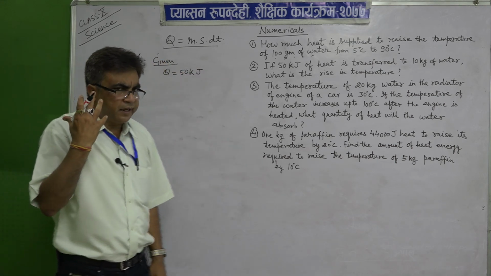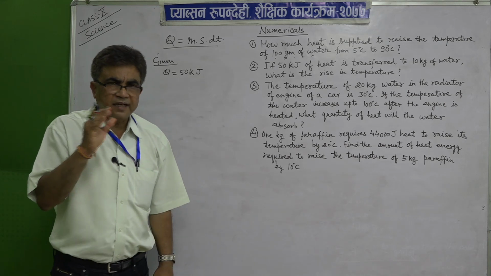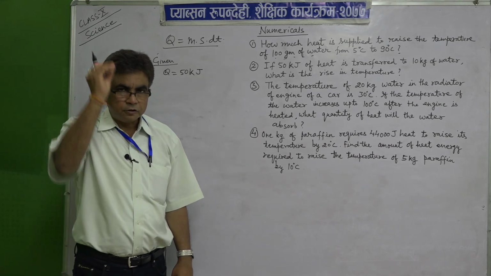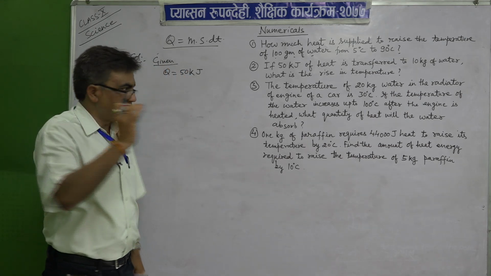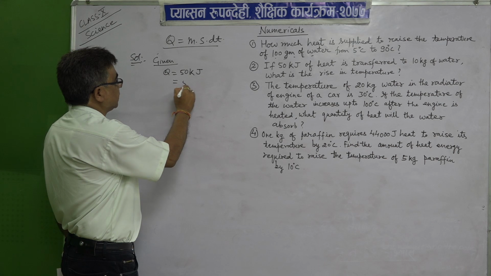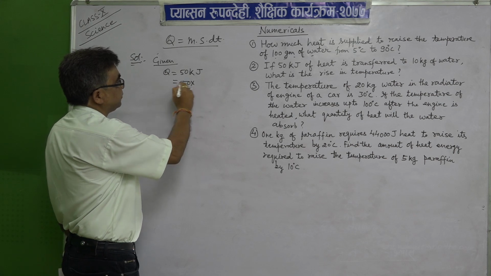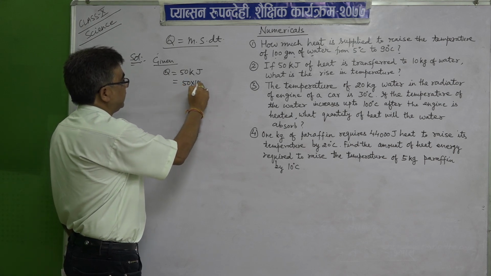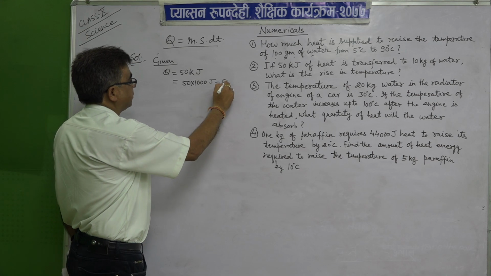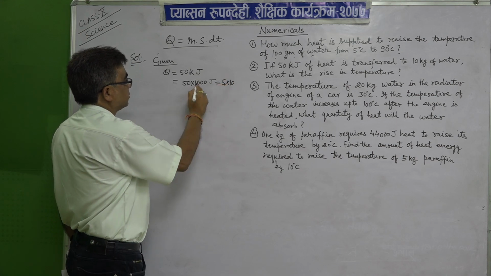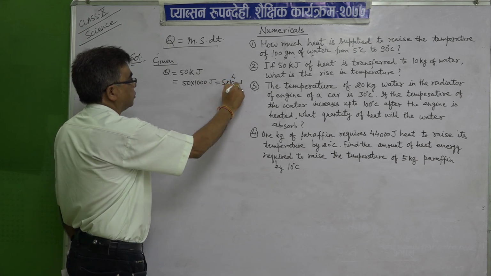Again you have to think: kilojoule is not the SI unit. The SI unit of heat is joule. So you have to convert kilojoule into joules, and to convert kilojoule into joules we multiply by 1000. So it is 50,000, or you can say 5 into 10 to the power 4 joules.